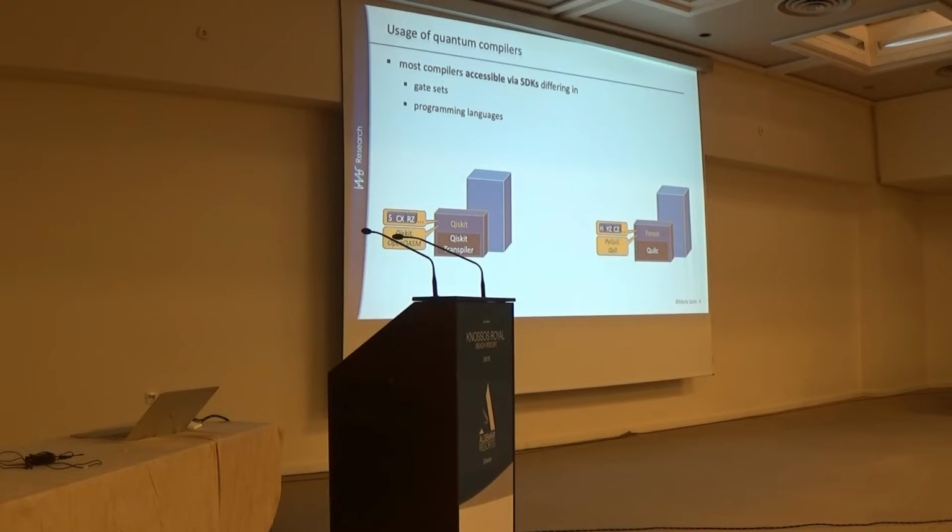In addition, also the programming languages between these SDKs differ because, for example, the Qiskit SDK supports programming such a quantum circuit with Python or with OpenQASM, whereas here again the example Forest supports only Python, so the Python language for Rigetti quantum computers, and Quil. And so, the circuit has to be rewritten.